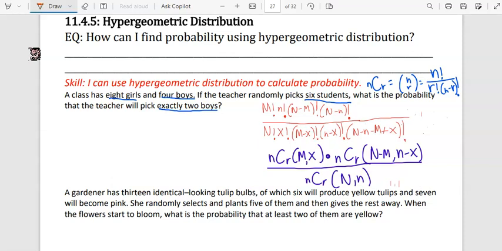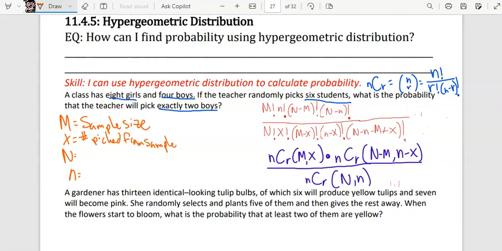So let's figure out what these values are. M is the sample size. X is the number picked from the sample. That's going to be the 2 boys. Sample size is how many boys there are, so it's going to be 4 boys.